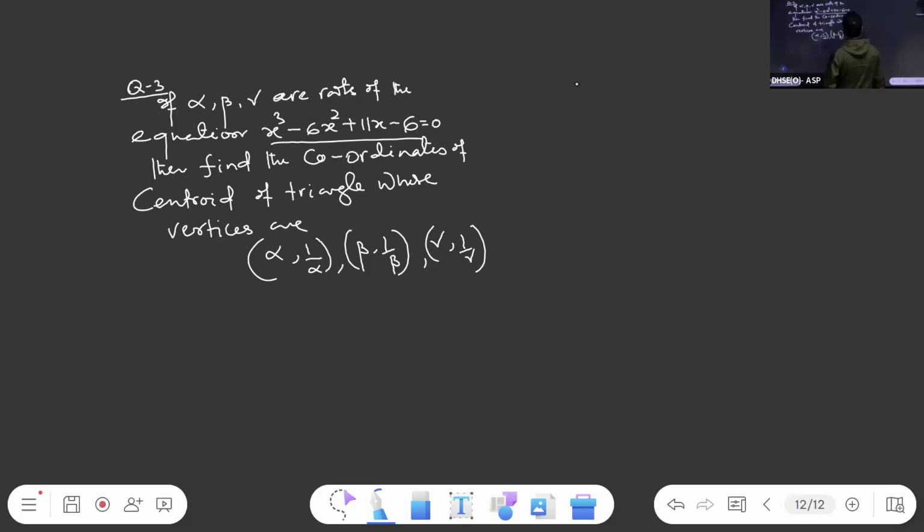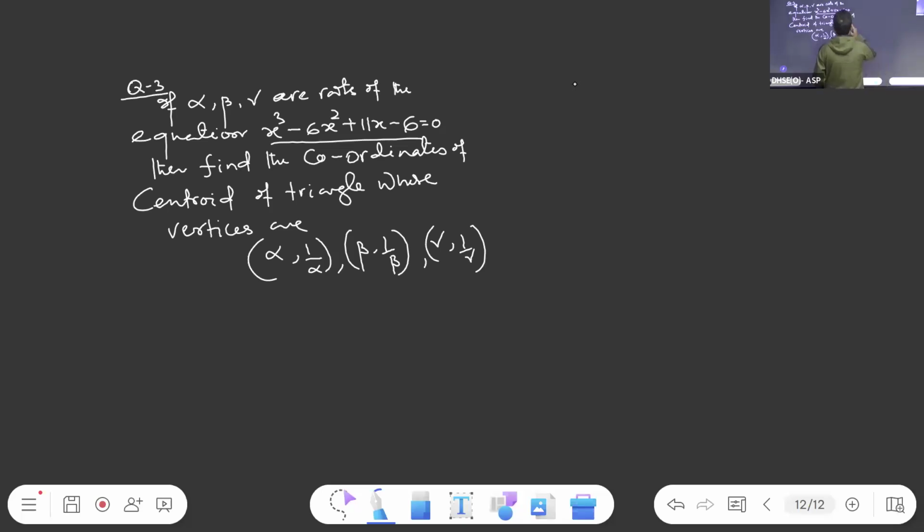Okay, let me check whether it is 2, 2 by 3. 2, 11 by 6. So, can you factorize the cubic expression x cube minus 6x square plus 11x minus 6?